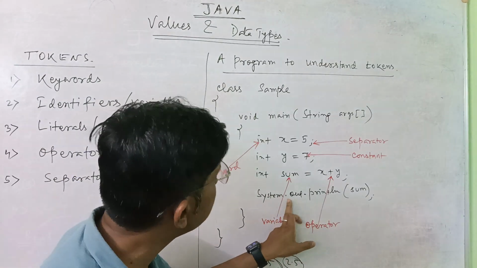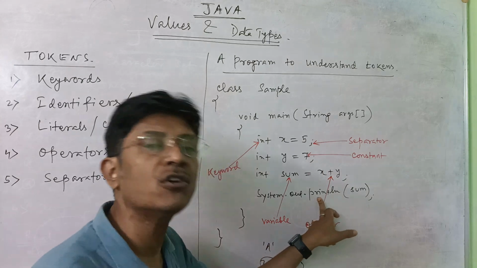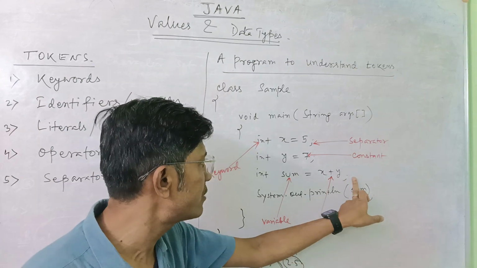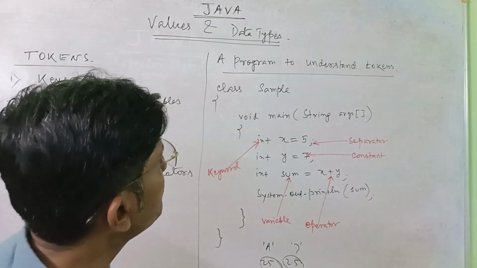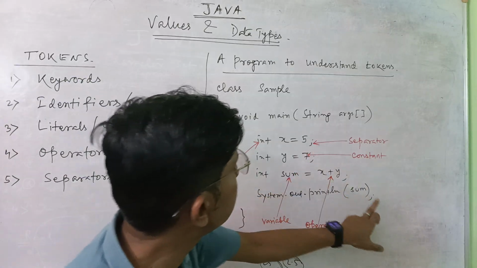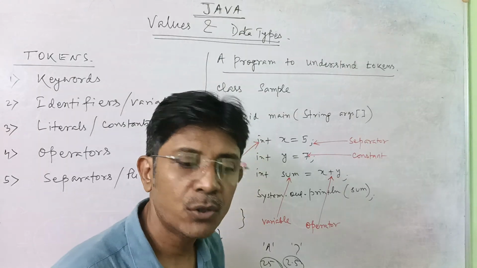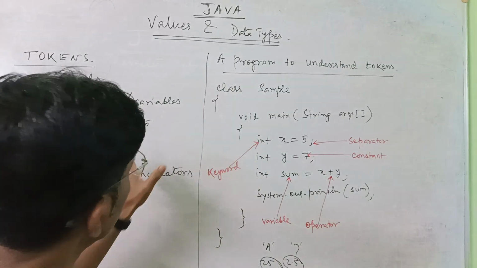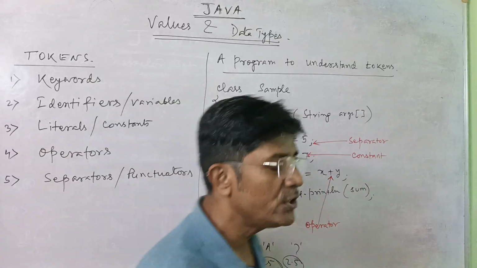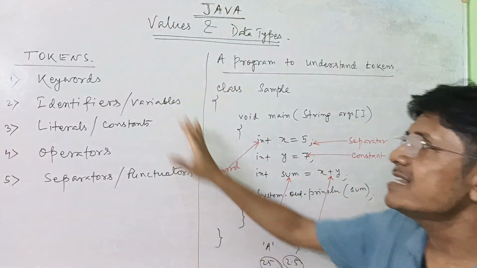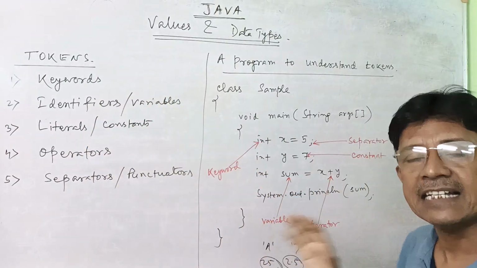All these tiny parts are called tokens. This semicolon is called a separator or punctuator. This sample program will help you understand these tokens at a glance.